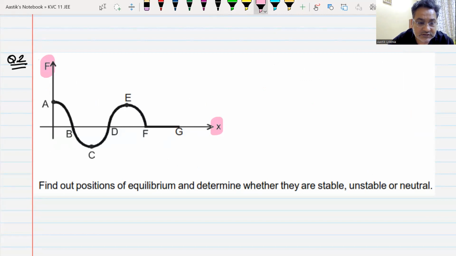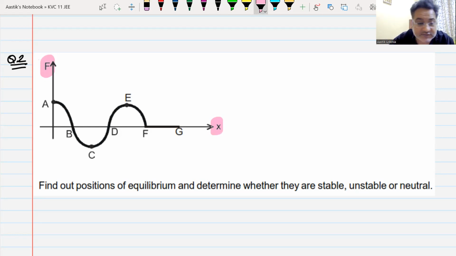Force-displacement graph, not a U-X graph. So now you have to understand which is stable.